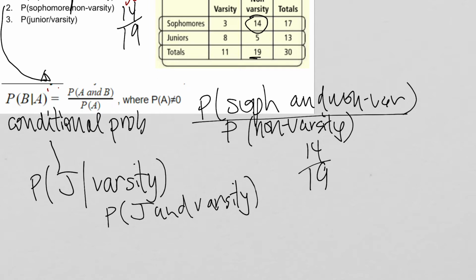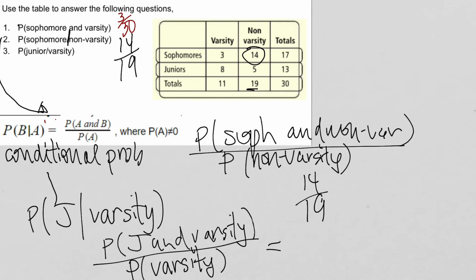And in the denominator would be what comes after the slash, which is the probability of varsity. So now we're going to go up and take a look at our table here. Okay, junior and on varsity team, there are 8 of them. Total on varsity team is 11. So the answer for the last part of this question is 8/11.